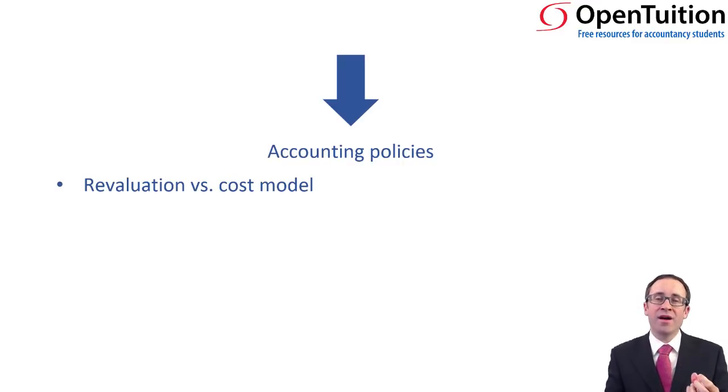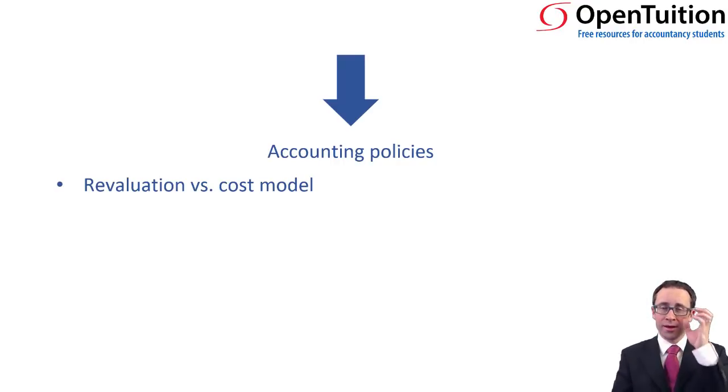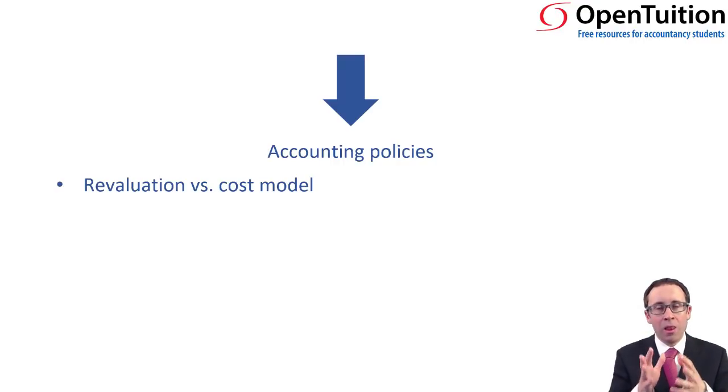If you have a higher value of assets, you will then be charging more depreciation. So you'll have higher assets, higher depreciation, lower profitability. And the return that you're getting in those profits based upon the capital base that you're employing will look a lot lower than compared to under the cost model. Okay, so if you're comparing two businesses and one revalues, the other doesn't, there are issues that you need to consider.